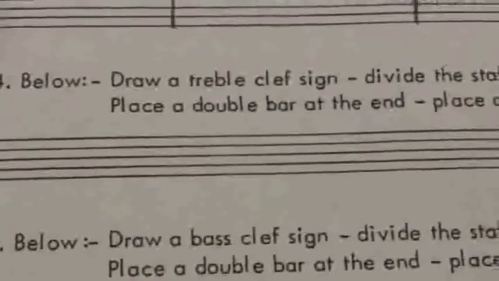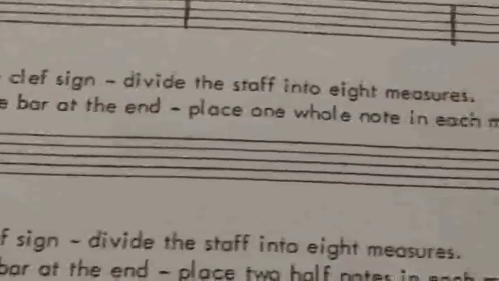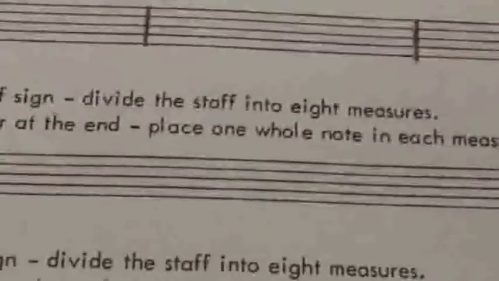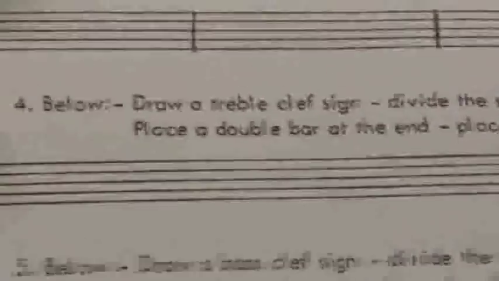Okay, number 4, draw a treble clef sign. Divide the staff into 8 measures. Place a double bar at the end. Place 1 whole note in each measure. All right, so we're going to draw a treble clef.